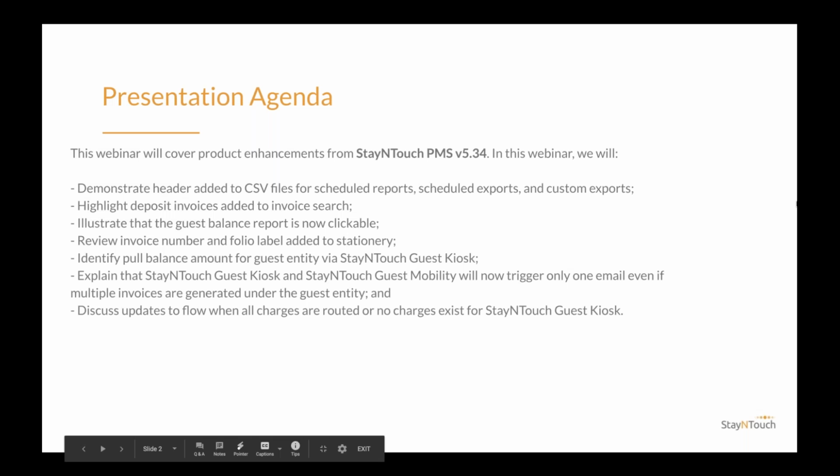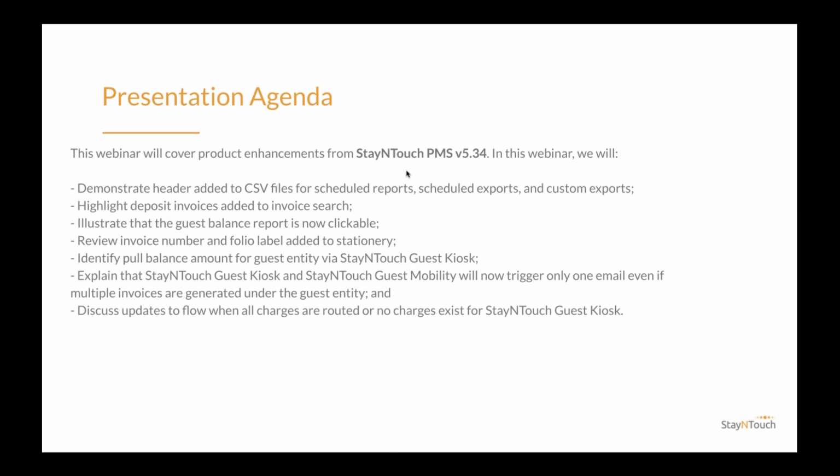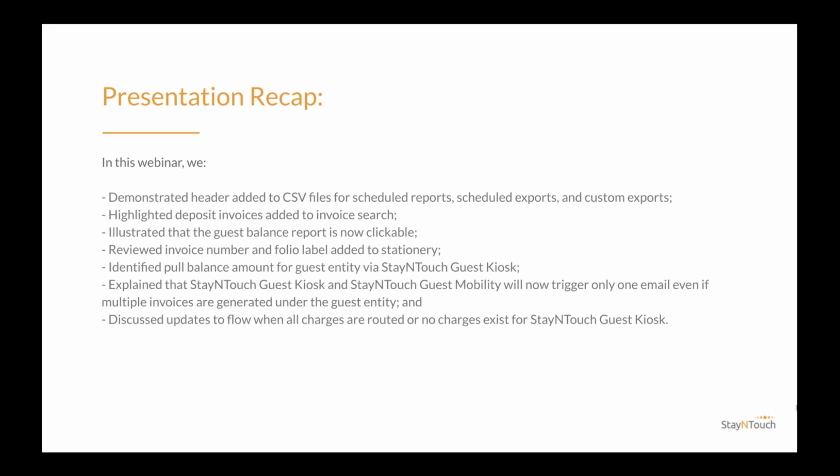All right, so today we demonstrated the header added to CSV files for scheduled reports, scheduled exports, and custom exports. We highlighted deposit invoices added to invoice search, illustrated that the guest balance report is now clickable, reviewed invoice number and folio label added to Stationery, identified pool balance amount for guest entities via StayNTouch guest kiosk, explained that StayNTouch guest kiosk and StayNTouch guest mobility will now trigger only one email, even if invoices are generated under the guest entity.